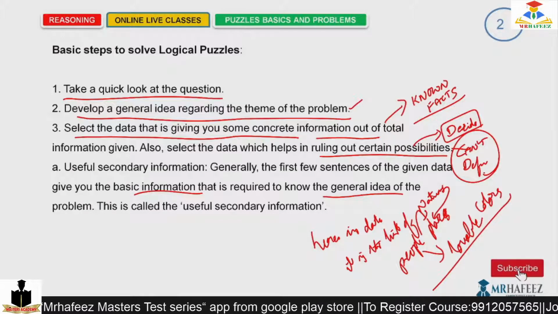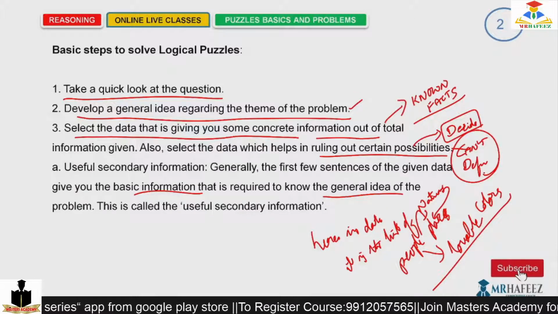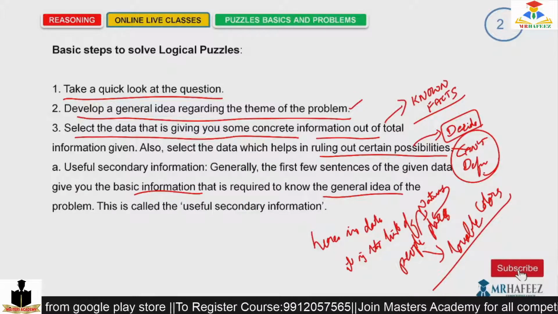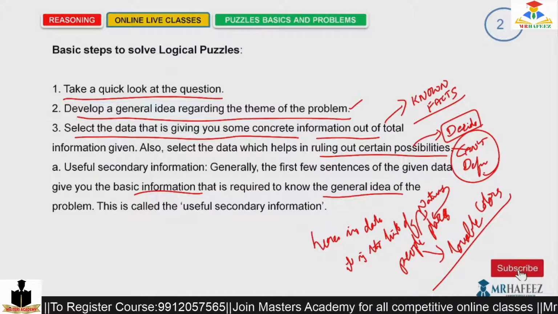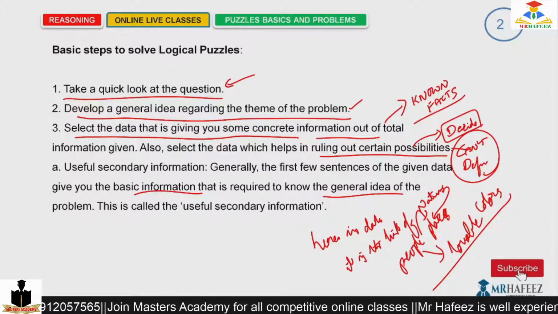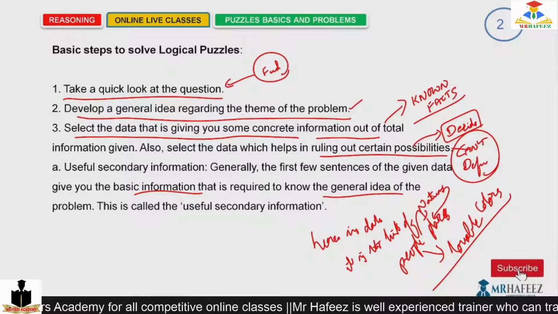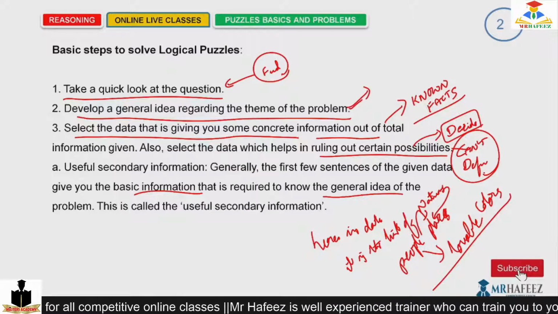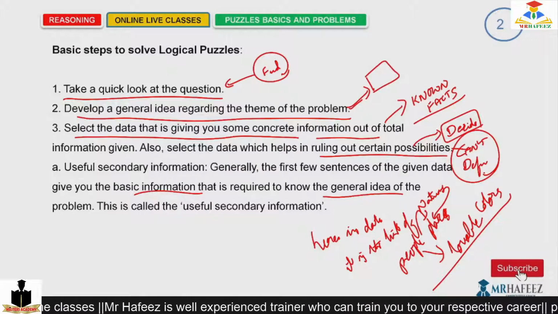So it depends. Based on the starting 2-3 lines, you will get to know what exactly is in it, and based on the question you will get to know what you should find out. The general theme can be known after going through the entire data on a fast track.